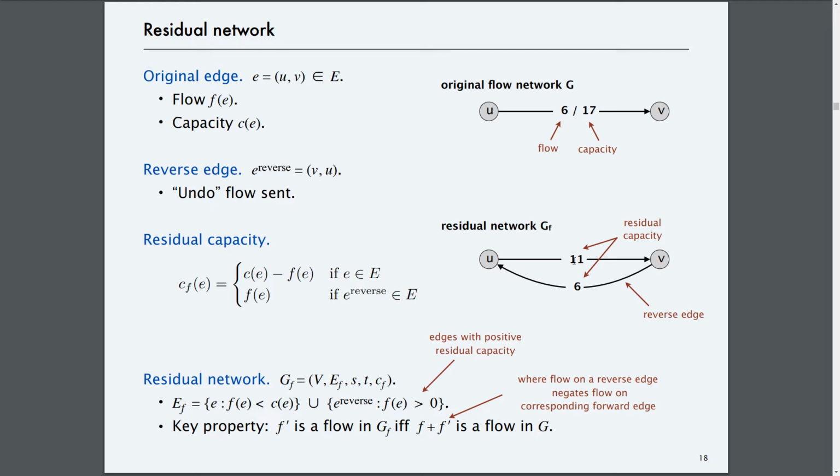And then as we send this 6 flow along this edge, we have to make sure the reverse edge gets 6 added to it, and this gets 6 subtracted from it.